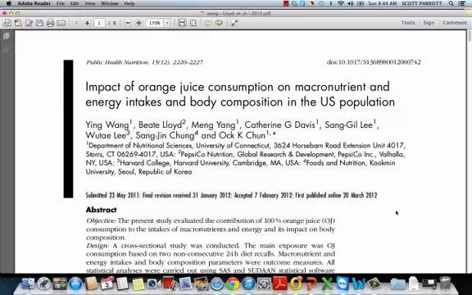So let's say that we're interested in the relationship between the number of fruit juice servings that people drink and their BMI. Here we have a Wang article, and what we're looking for is how the authors report that.